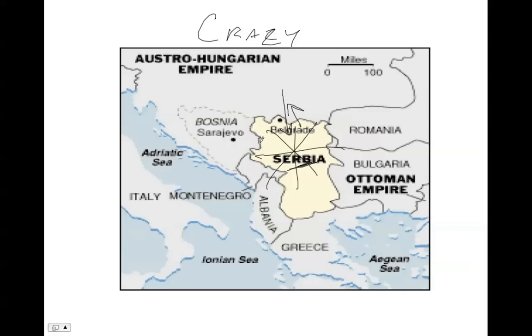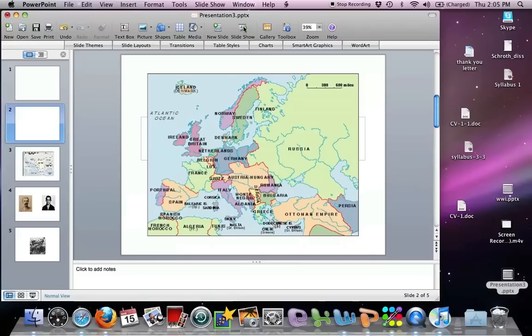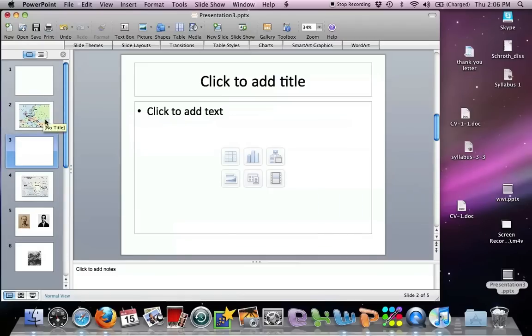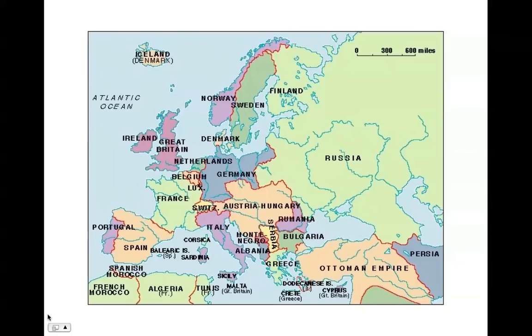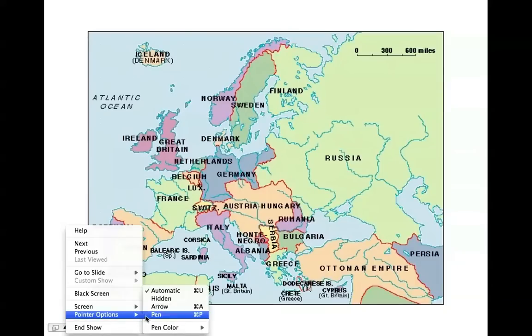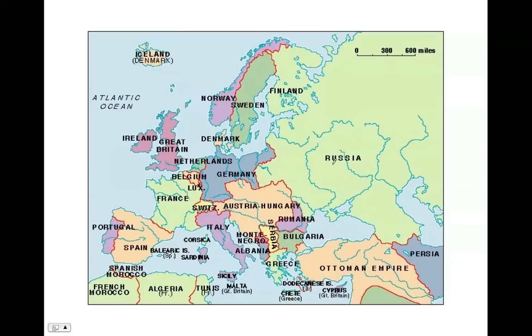However, let me see if I have another map. Oh, hold on. The thing is that Russia was always good friends with Serbia.